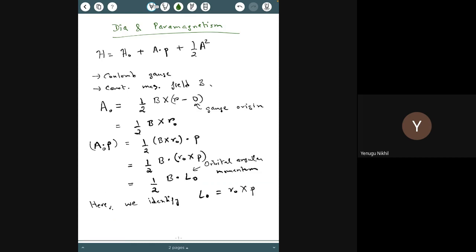They can sometimes raise and sometimes lower the energy of the system. In case there is a paramagnetic contribution, it will come from this one. The square term is always diamagnetic.